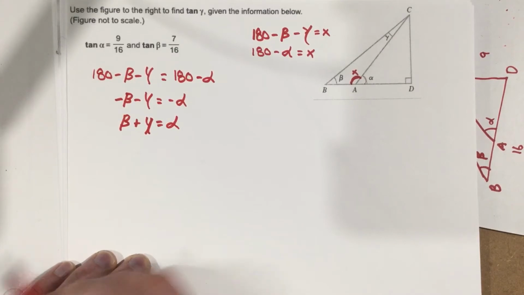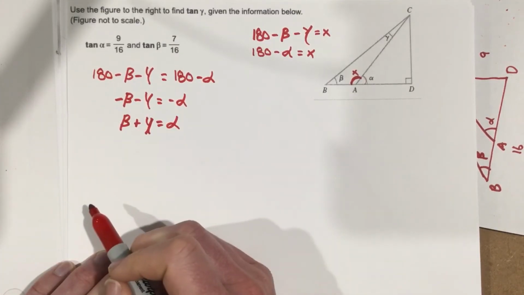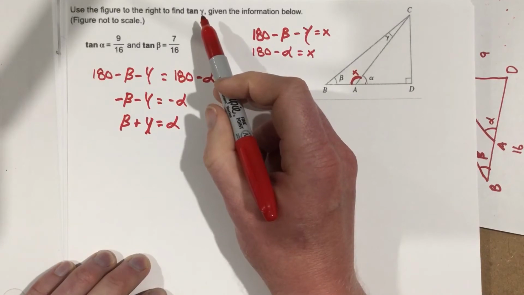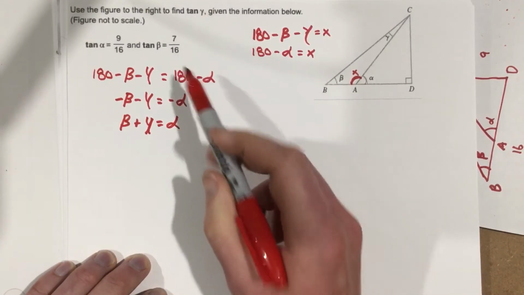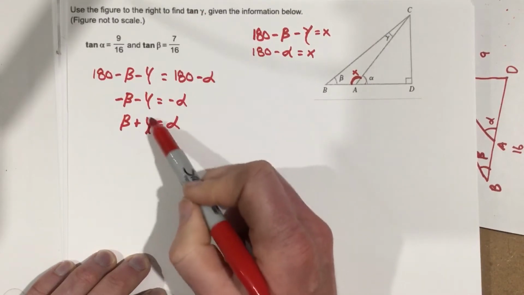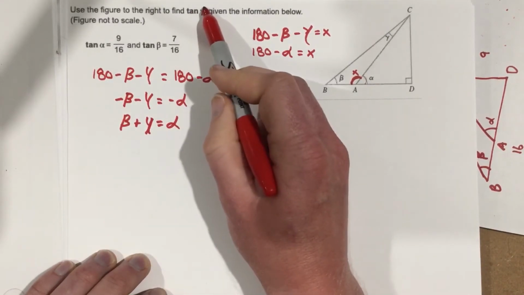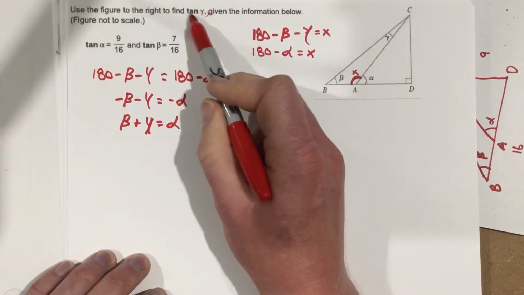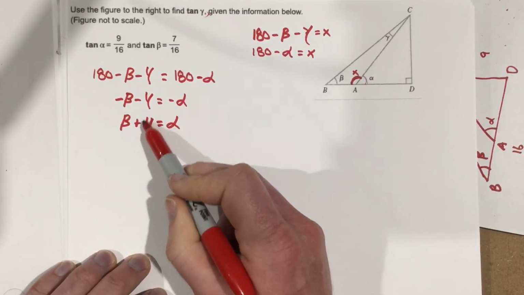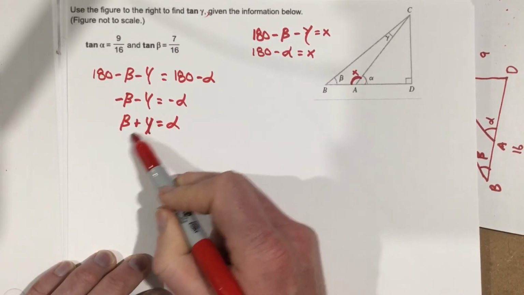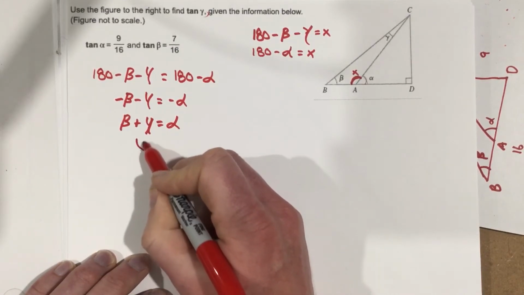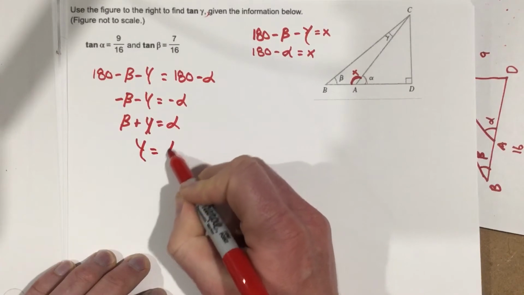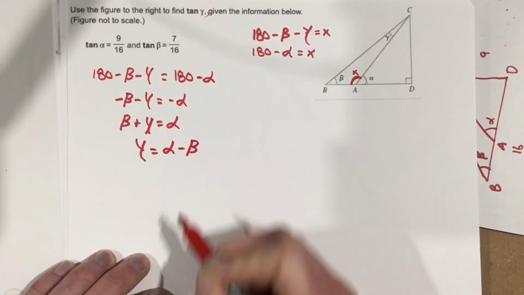From there, we can use this by taking the tangent of each side, because remember, we're trying to find tangent gamma. So before we do that, we should probably isolate gamma on one side. I'm going to subtract beta to the other side, and gamma equals alpha minus beta.